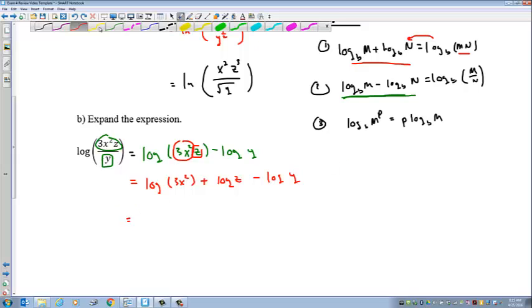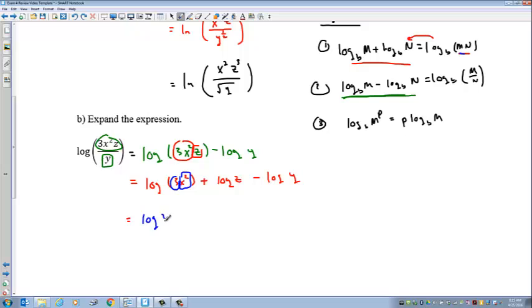And then for the same reason as last time, we still can't use this power rule because you have 3 times x squared. You need to just have something to a power. But we can use that same rule, rule number 1, again. Because again, you have this times that, so you have 3 times x squared. So that's the same as log of 3 plus log of x squared plus log of z minus log of y.